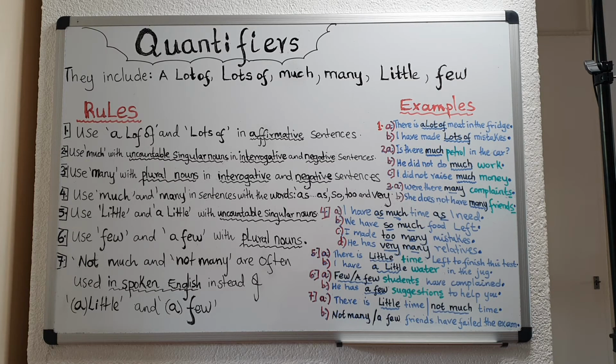Football is singular, footballs is plural. Cat is singular, cats is plural. So singular is one and plural is many. So we use many as a quantifier with nouns that are in the plural form, but also we use many in interrogative and negative sentences.